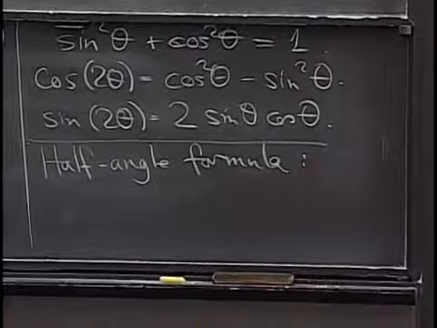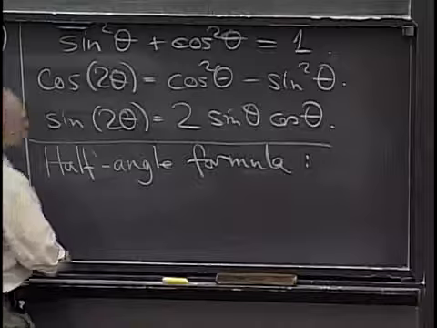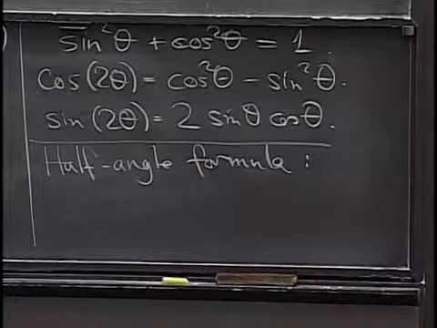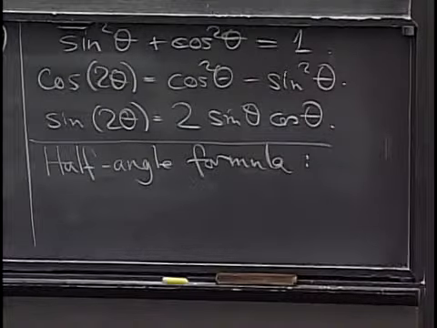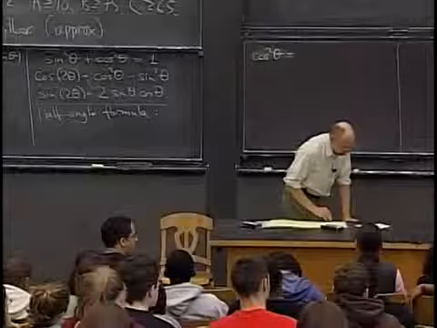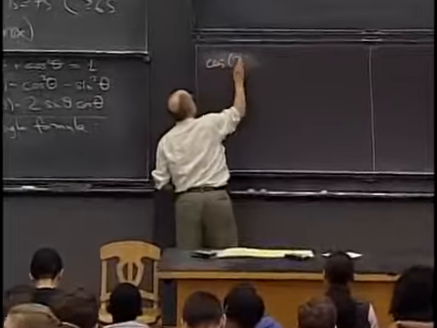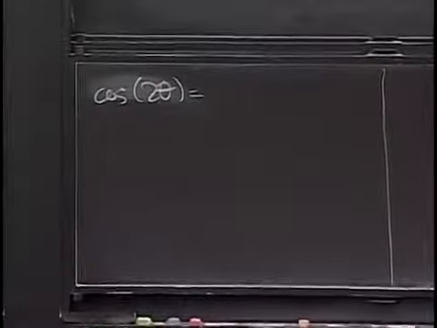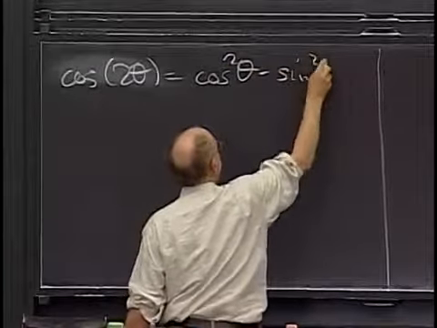And that says I'm going to try to express the cosine of theta in terms of the cosine of 2 theta. So if I know the cosine of 2 theta, I want to express the cosine of theta in terms of it. Well, I'll start with the cosine of 2 theta and play with that. Okay, well, we know what this is. It's cosine squared theta minus the sine squared of theta.